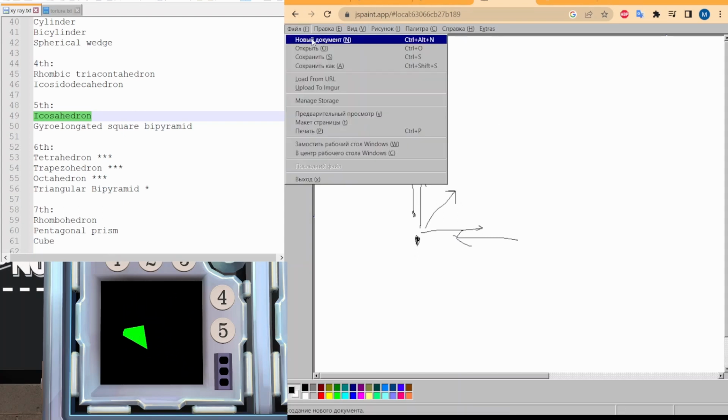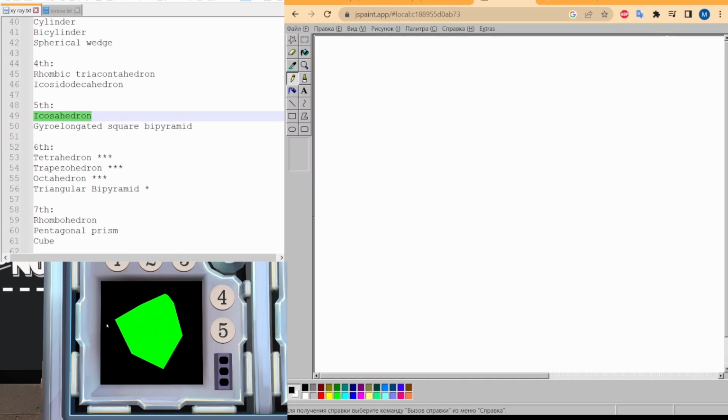Okay, let's try another one. And I have to wait again. Let's take a look at the top one. Here, you could see 2 vertices went this way.